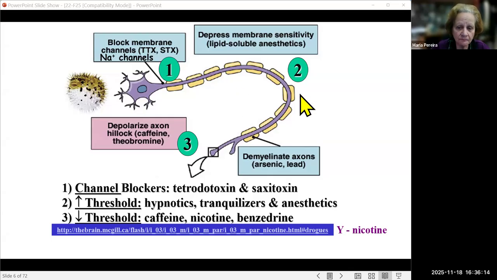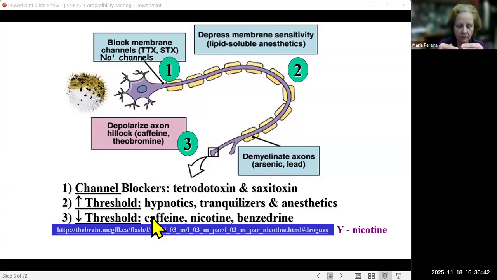Okay, how about increasing the threshold or decreasing the threshold? What do I mean by that? Threshold is minus 55 millivolts. If you increase the threshold, that means that you cause hyperpolarization.